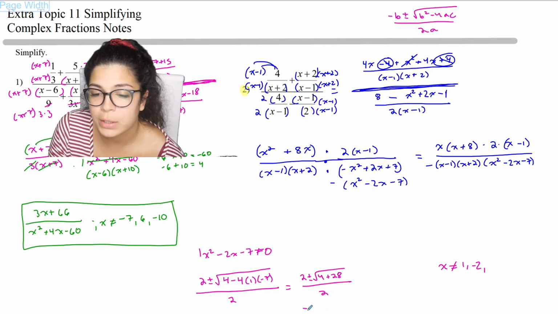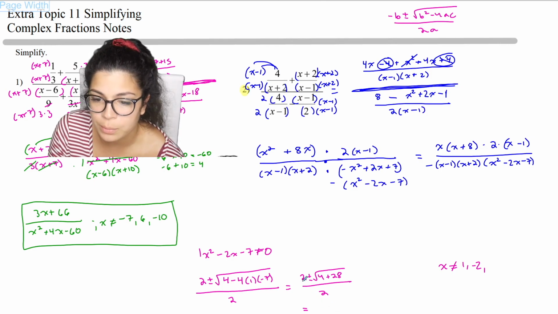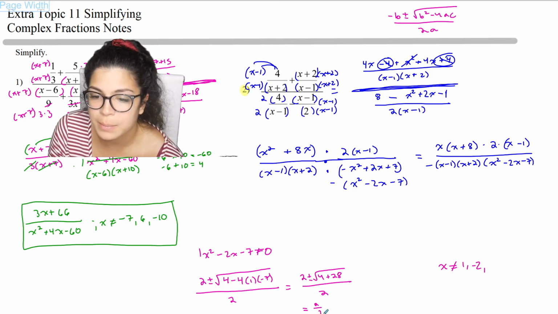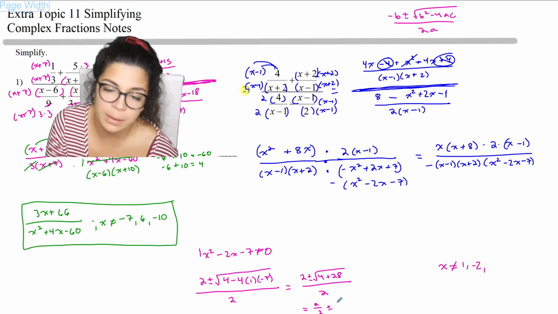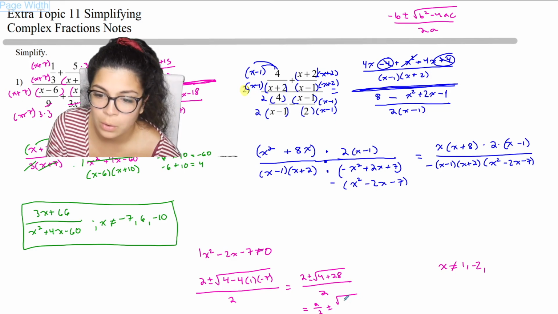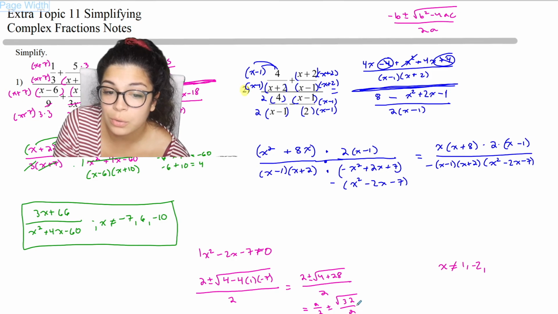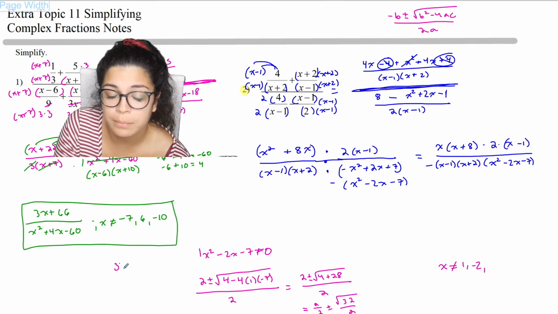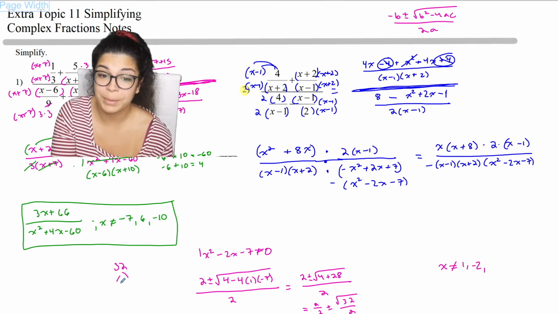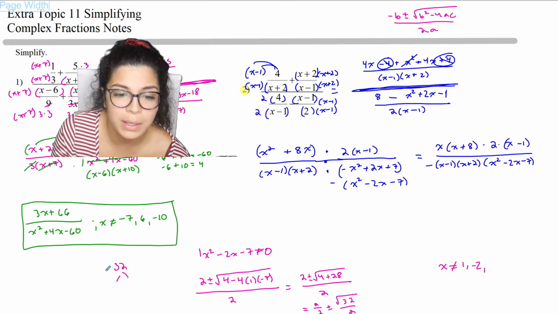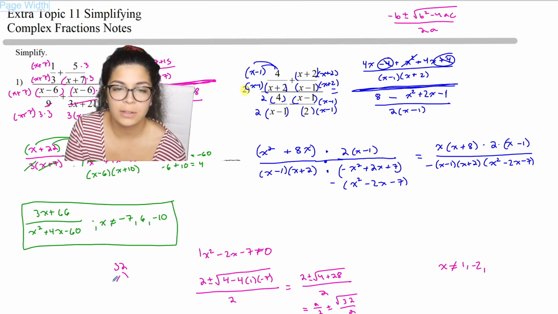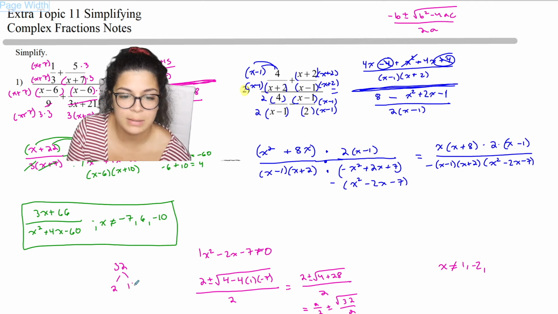And we could distribute the division by 2 to both of the terms. 2 over 2 plus or minus the square root of 28 plus 4, which would be 32, over 2. Now 32 will simplify, because 32 is actually 2 times 16.